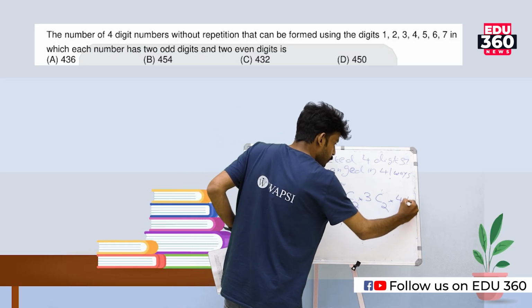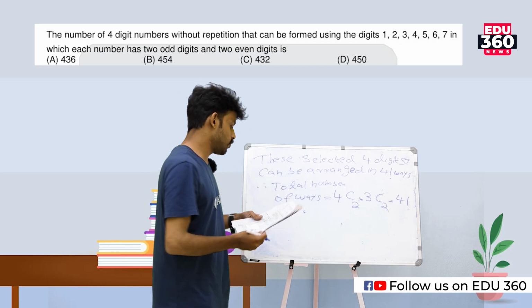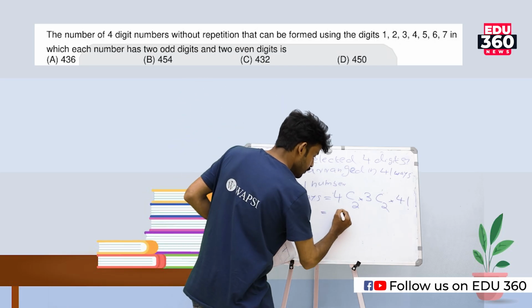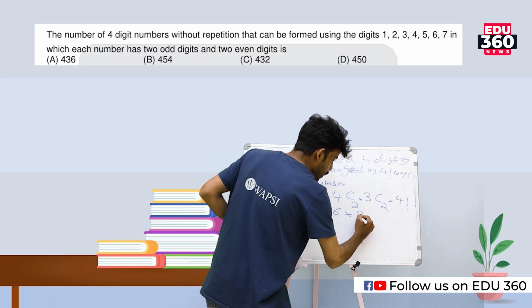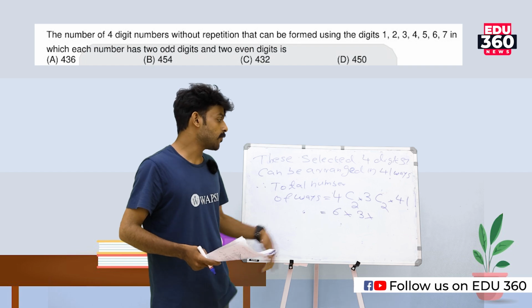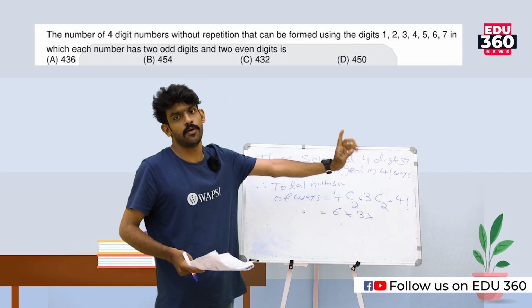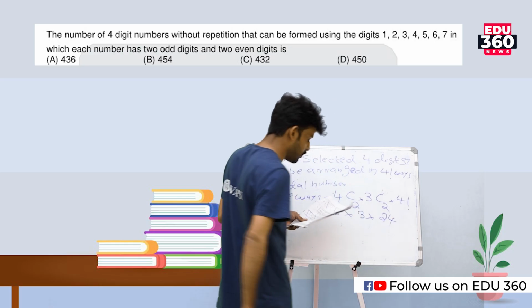Now just substitute: 4C2 is 6, into 3C2 that means 3, into 4 factorial. 4 factorial is 4 into 3 into 2 into 1, so the answer is 24.